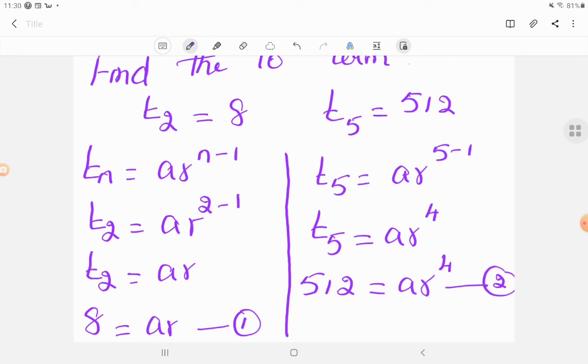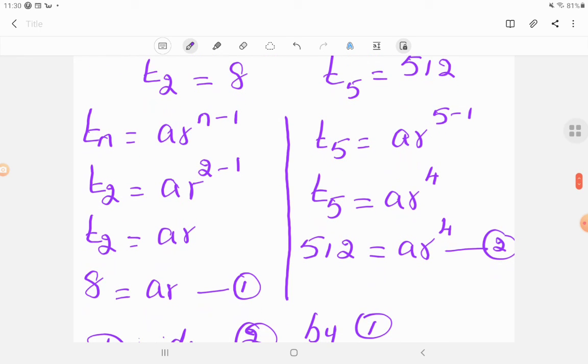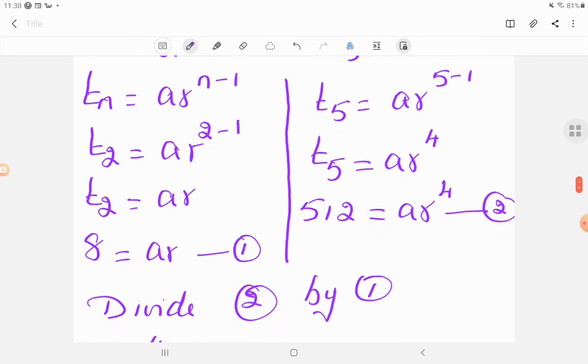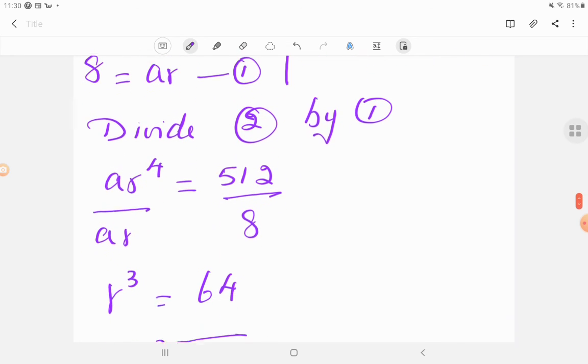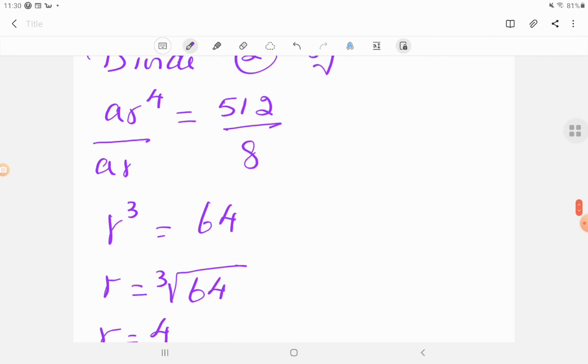For the second term, substitute n as 2 and replace T2 with 8. In the same way, you frame an equation for the fifth term as well. Then you divide the second equation by the first in order to get the value for r. In this case, you get r cube is equal to 64.